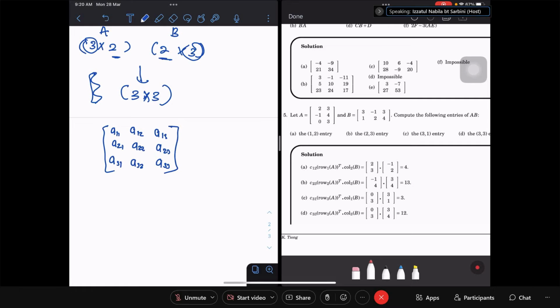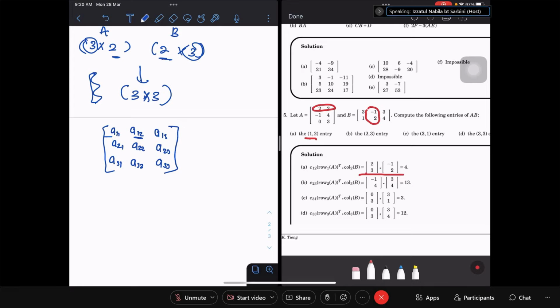Yeah, the position. So you want to compute the entry 1, 2. So 1, 2 here, right? 1, 2 kat sini. So it will be the first row times the second column. So for the entry 1, 2, you have to multiply the first row and the second column.